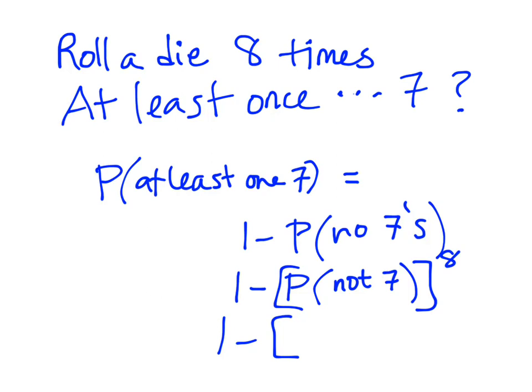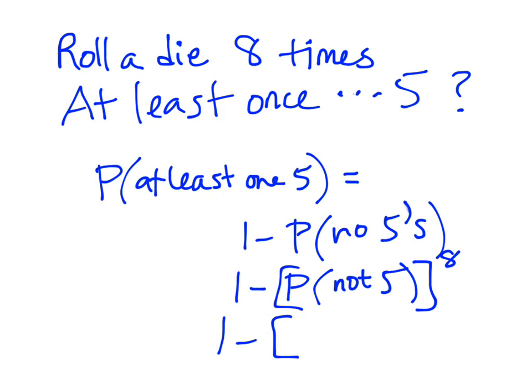But let's change this. Let's pick a number that actually is on the die. So let's go with a 5 instead of a 7. What is the chance of not getting a 5 when you roll the die once?